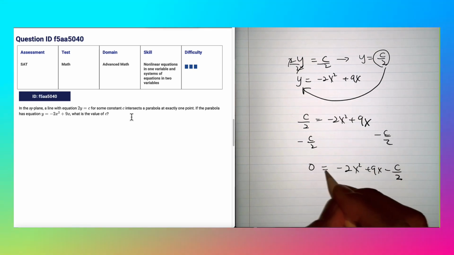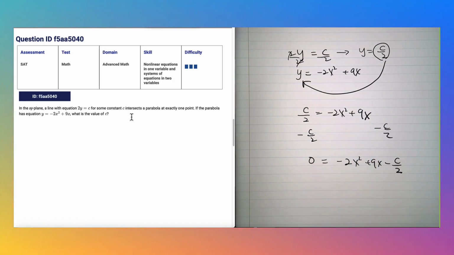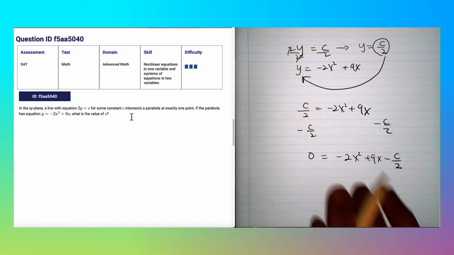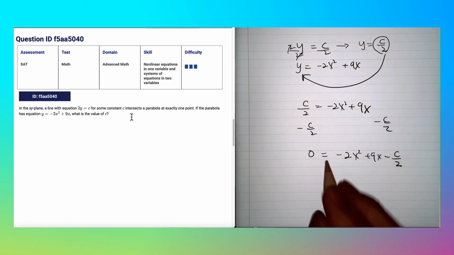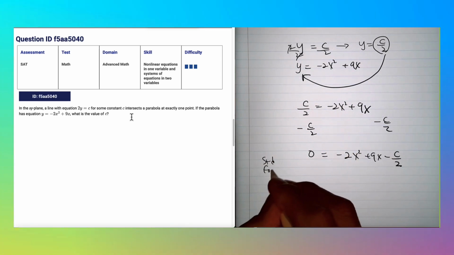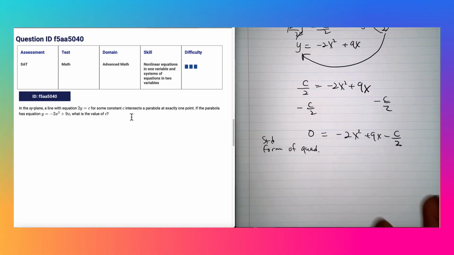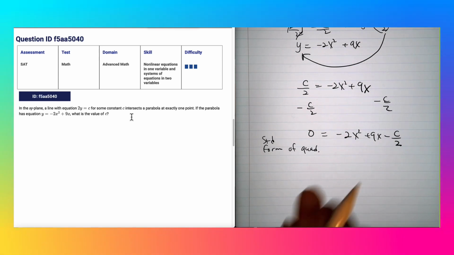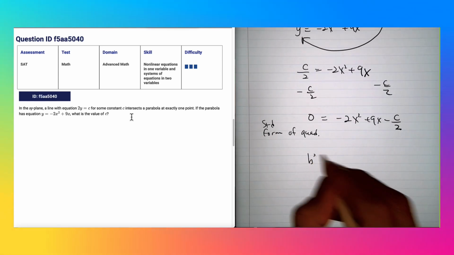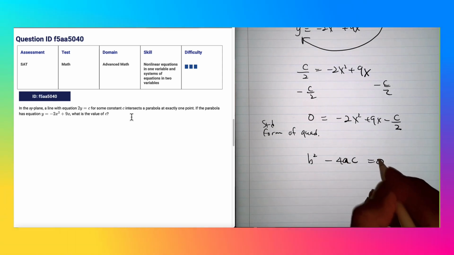It's totally up to you if you want to keep a positive a value by multiplying by negative 1, but it's not completely necessary. So once I get this standard form of quadratic function, now to get only one solution, I need to pull out my discriminant b squared minus 4ac and set that equal to 0.